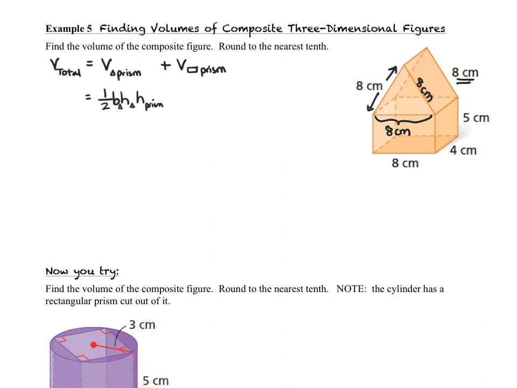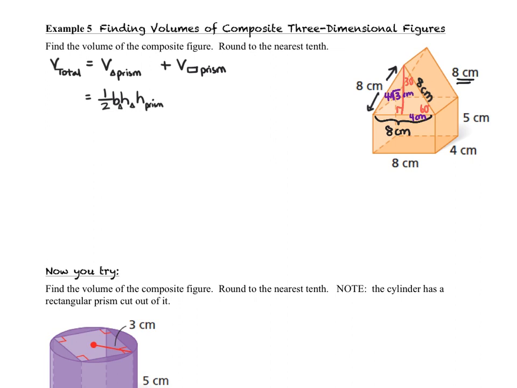Some of our prior knowledge of triangles is going to help us out because we can find the perpendicular height using our knowledge of right triangles. If we have an equilateral triangle and we cut it in half, we end up with a 30, 60, 90 triangle. The short leg is x, or in this case, 4 centimeters, which is half of the 8 centimeters, and the long leg is found by multiplying the short leg times the square root of 3.